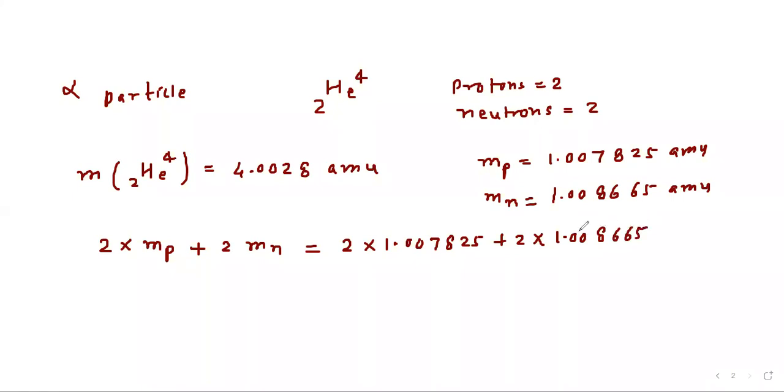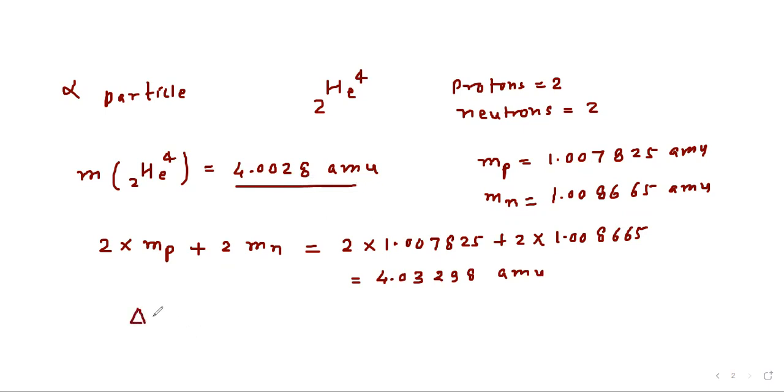So here the total sum will amount to 4.03298 AMU, and the mass of the nucleus is given as 4.0028 AMU.